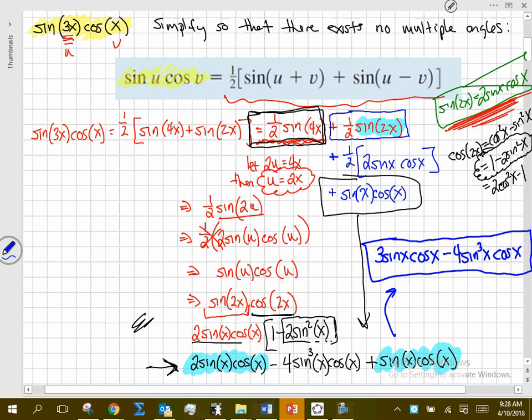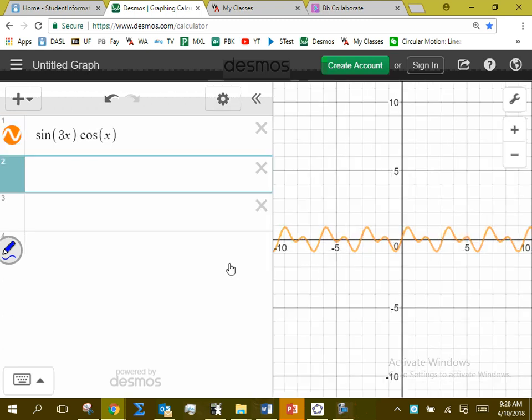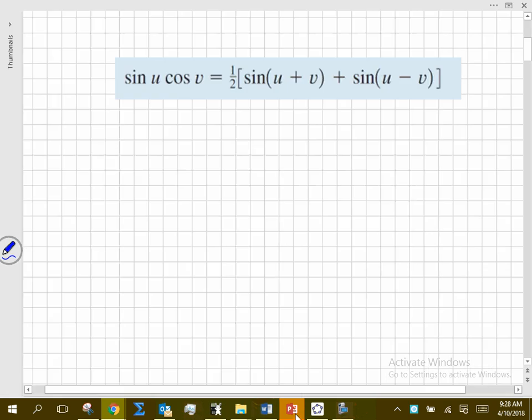Okay. How can I gauge whether we've done this correctly? Go to one of your graphing tools. Okay, type in sine of 3x times cosine of x, and you get that orange curve. Then I should get the same thing with, what was it, 3 sine x cosine x?